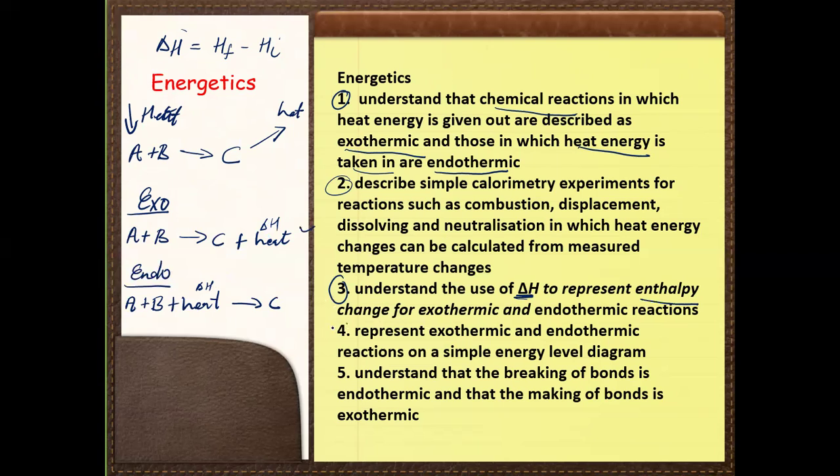Now, let's jump to point number 4. Represent exo and endothermic reactions on simple energy level diagrams. There is what we call the energy level diagrams, no? Okay, I'm not going to dwell too much on them. I'm just going to show you how the energy level diagrams actually look.